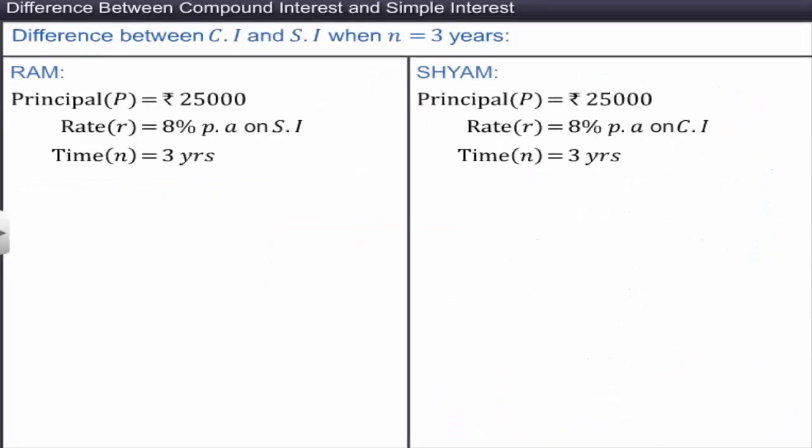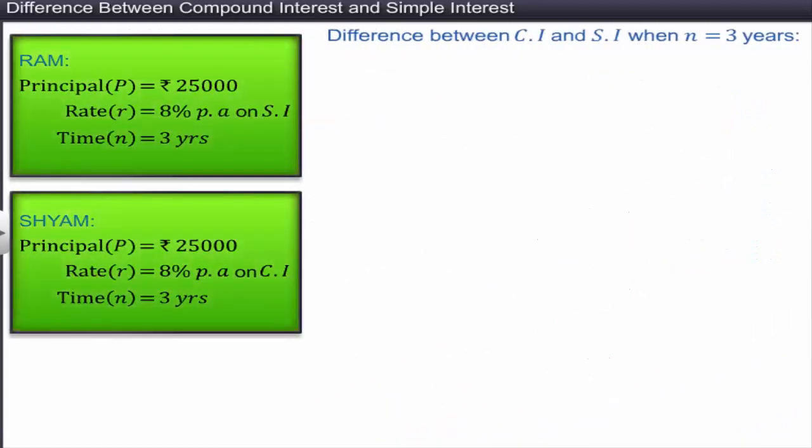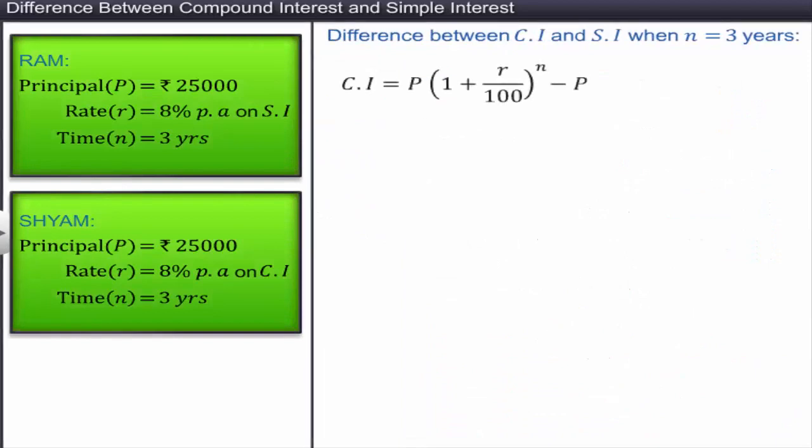Now, let's calculate the difference if they had invested the same principal at the same rate for 3 years. For this, we will first derive the general formula. The formula for compound interest is as shown.